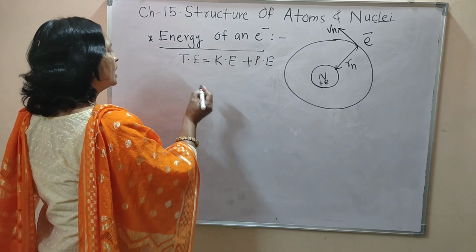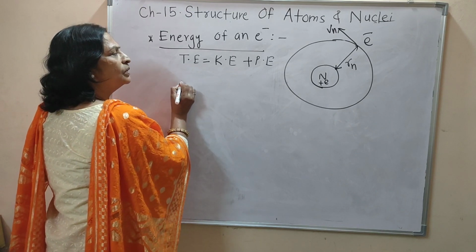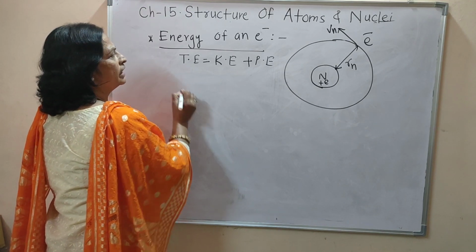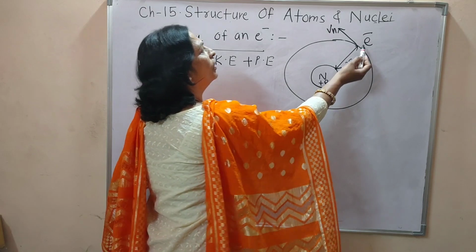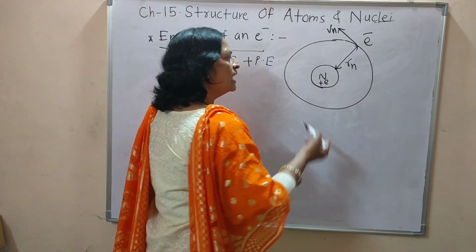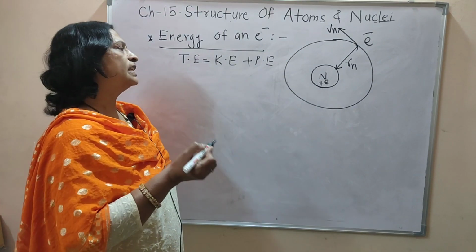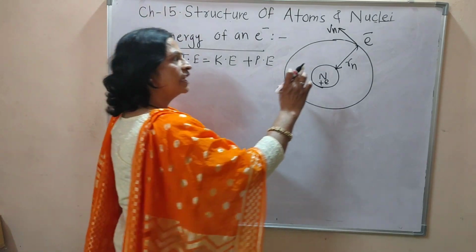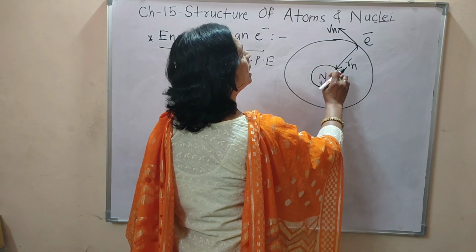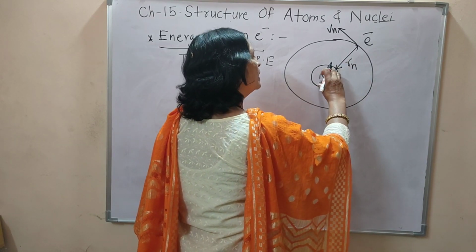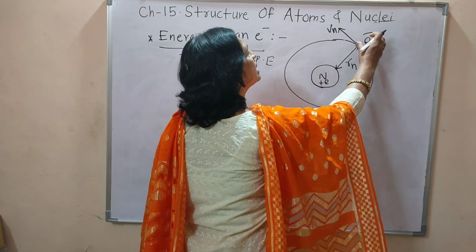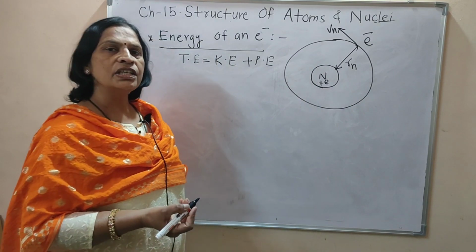Now first, according to Bohr's first postulate, this electron revolves around the nucleus, and the centripetal force required for the circular motion is nothing but the electrostatic force of attraction between the positively charged nucleus and the negatively charged electron.